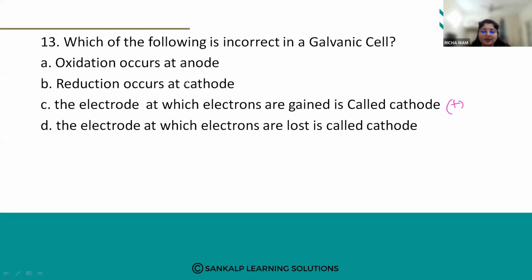So what will happen at cathode, and what will happen at anode? What are the reactions occurring at cathode and anode? I've got two answers as option D. What about others?